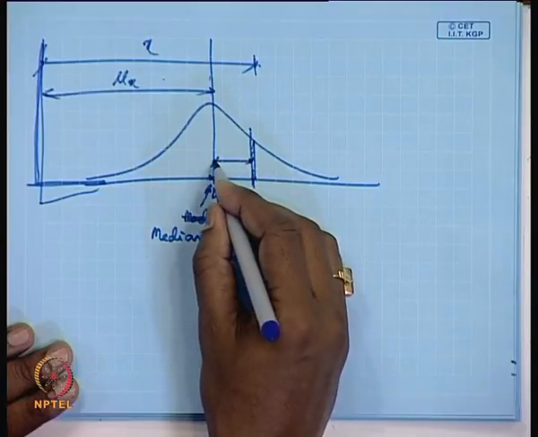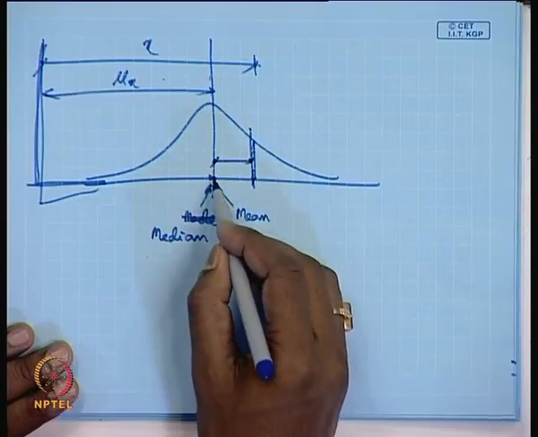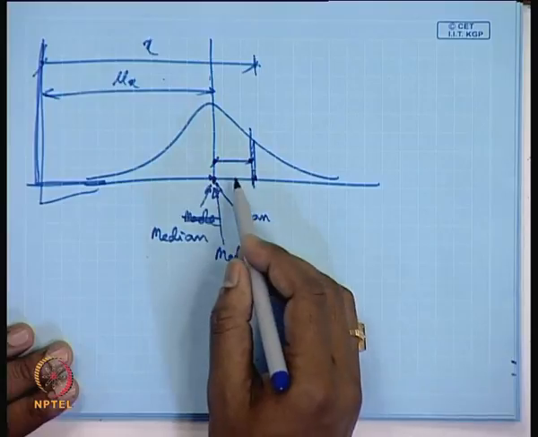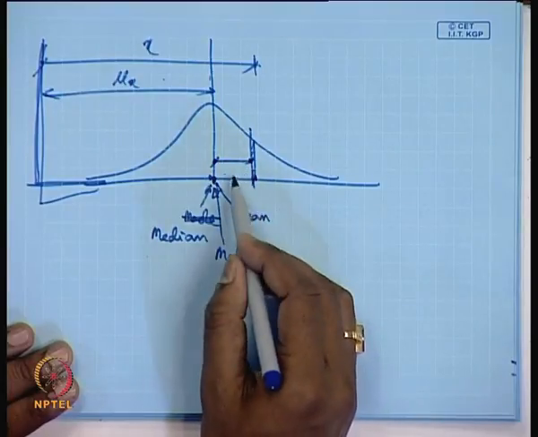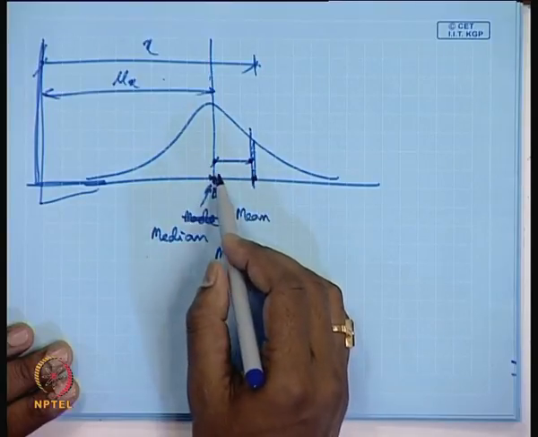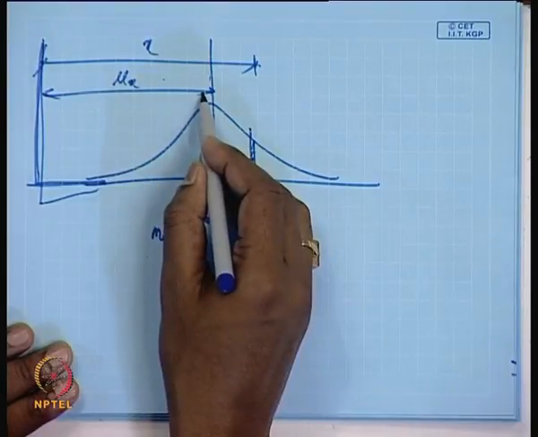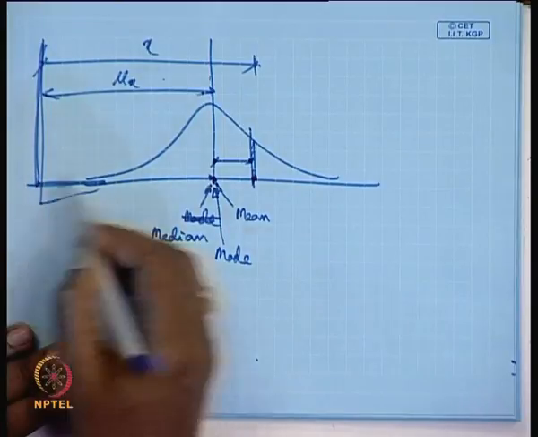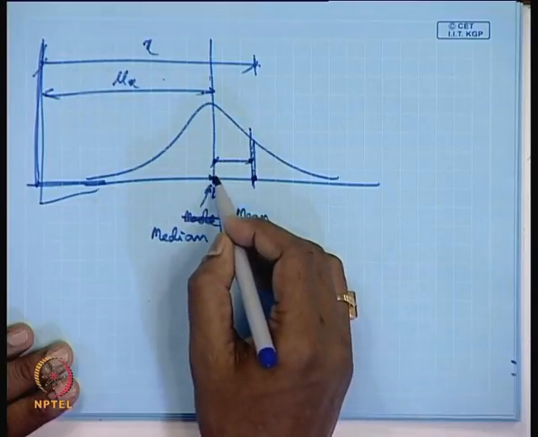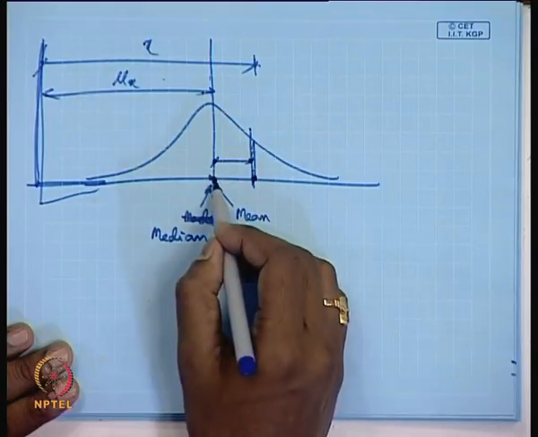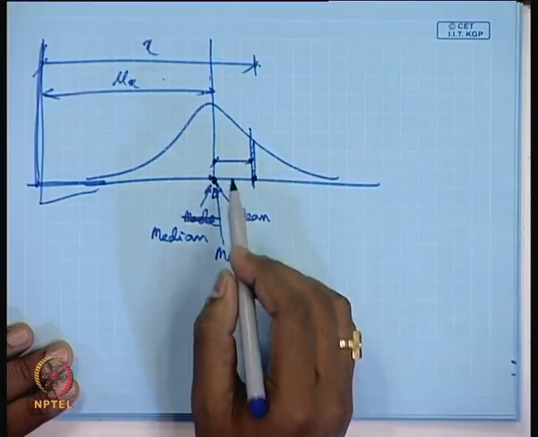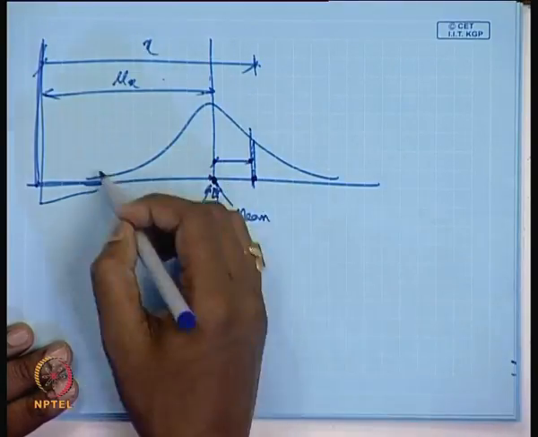So, this is a kind of second moment starting from the mean of that particular distribution. We will see in a moment how it is represented as the second moment about the mean. The mean is nothing but the first moment with respect to the origin, and variance is the second moment with respect to the mean. Like that I can go to the third moment with respect to the mean, the fourth, fifth, sixth, and each moment will give some property of that distribution.